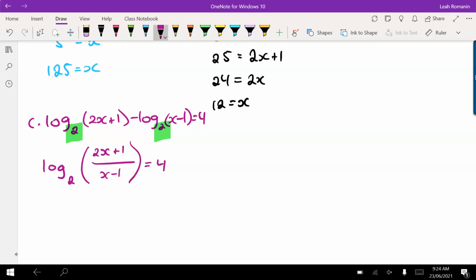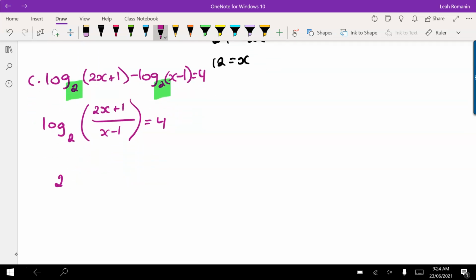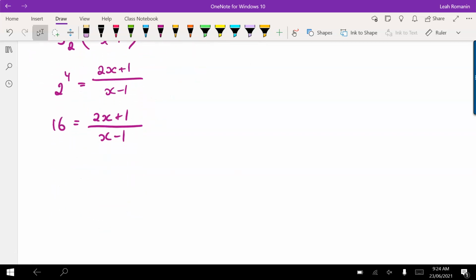is equal to 4. Now that I've got it into one log, I can do my rearranging back into an exponential. So 2, same base stays, to the power of 4, what it's equal to becomes the power, and then it's equal to 2x plus 1 over x minus 1. So 2 to the power of 4 becomes 16. That's going to be my first thing that I'm going to get rid of, x minus 1, and then I'm just going to do some solving.